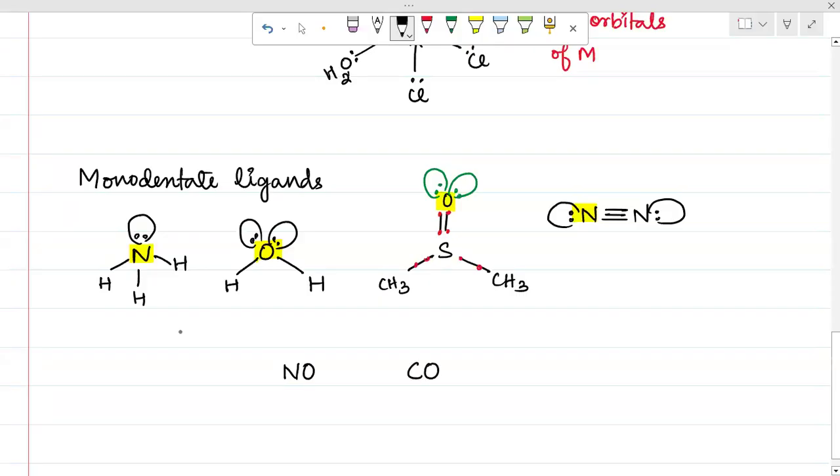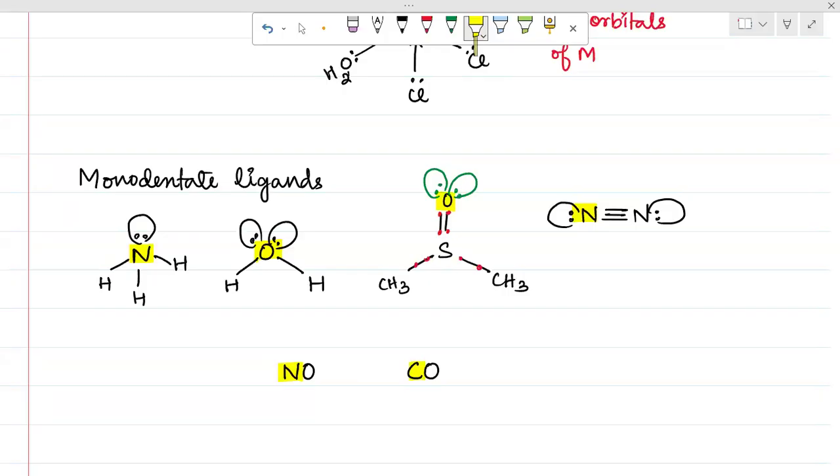Always remember, in NO, nitrogen is the donor. Oxygen's electronegativity is higher. As a result, nitrogen will be the donor. In CO, again, oxygen's electronegativity is higher, so C is the donor. Okay, so these are some of the neutral ligands that you can consider.